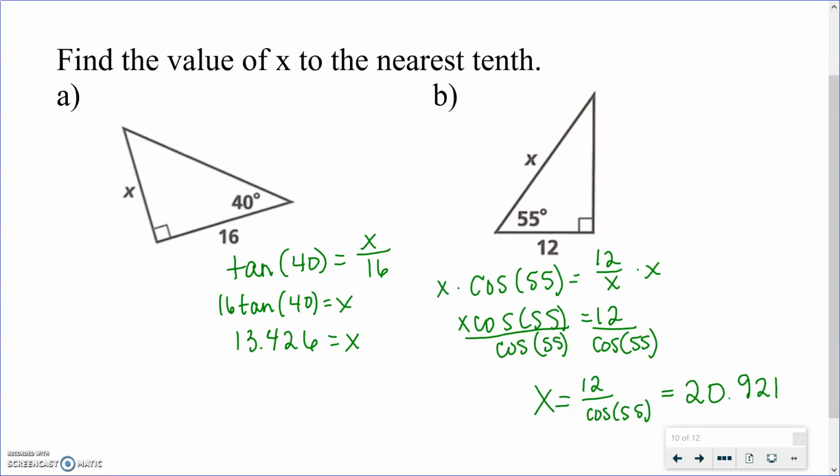For this first one, part A, to get x, you want to set up the tangent ratio because you have the opposite and the adjacent side. We don't have the hypotenuse. And so remember, whenever you don't have the hypotenuse, that's automatically going to be the tangent ratio. And then on the second one, you're going to set up the cosine ratio. And this one, the x ends up on the bottom again. And so you have to go through a few more steps to get that x is 20.921.